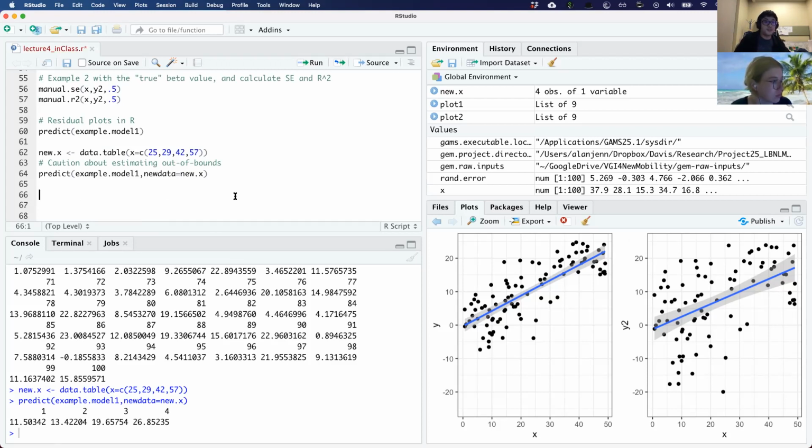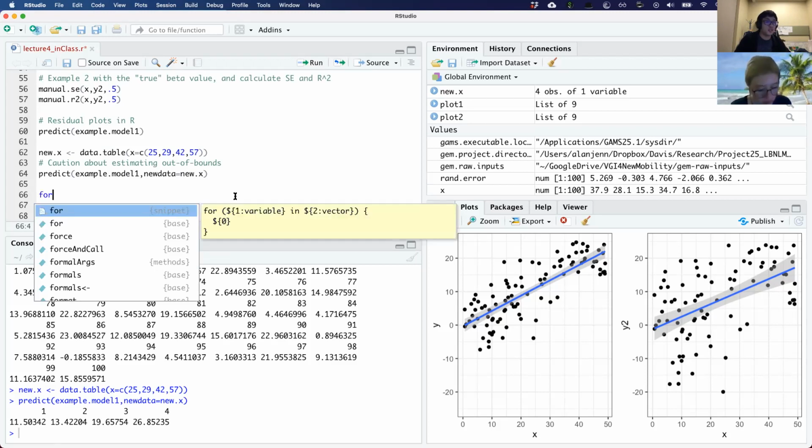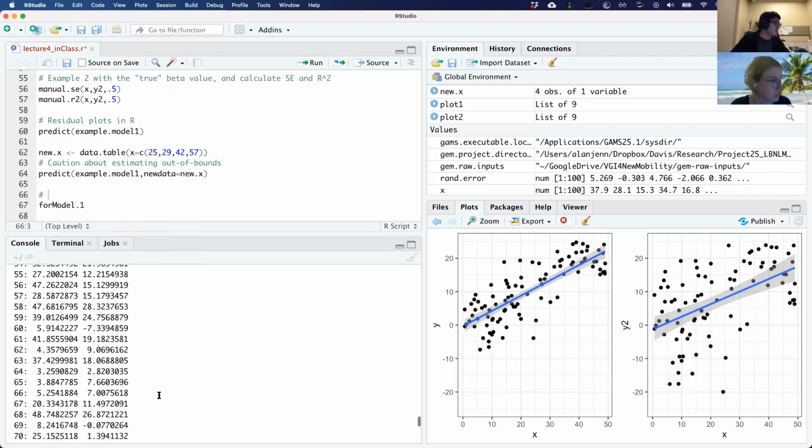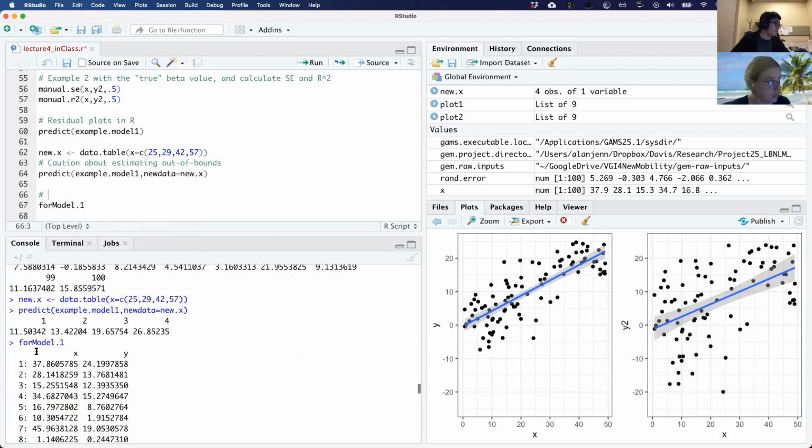Okay. And so if I look at my original data, it looks something like this. My X's and my Y's.